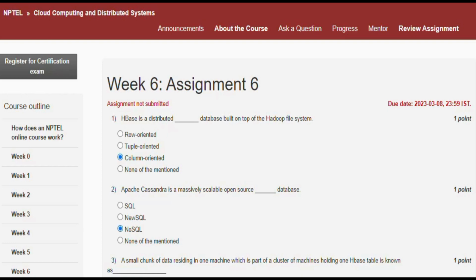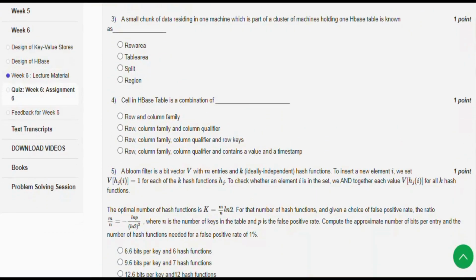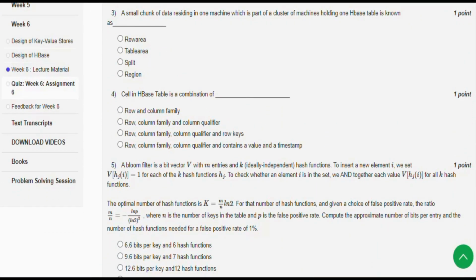Now moving into the next question, question number 3. A small chunk of data residing in one machine, which is part of a cluster of machines holding one HBase table, is known as dash.